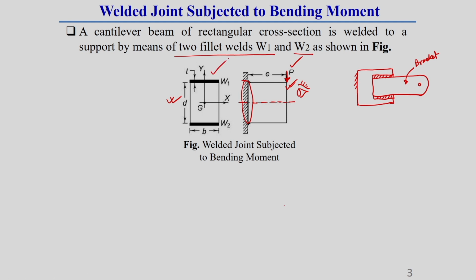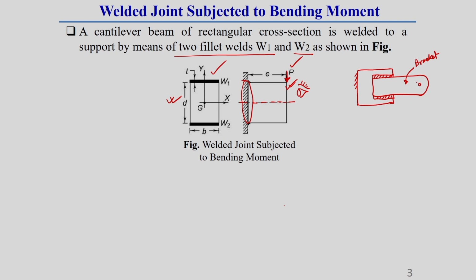Once we shift the force P to this weld plane, due to this transfer of the force to the new position, an equal magnitude force in the same direction will develop, and there will also develop a moment. Here the moment that develops is a bending moment.